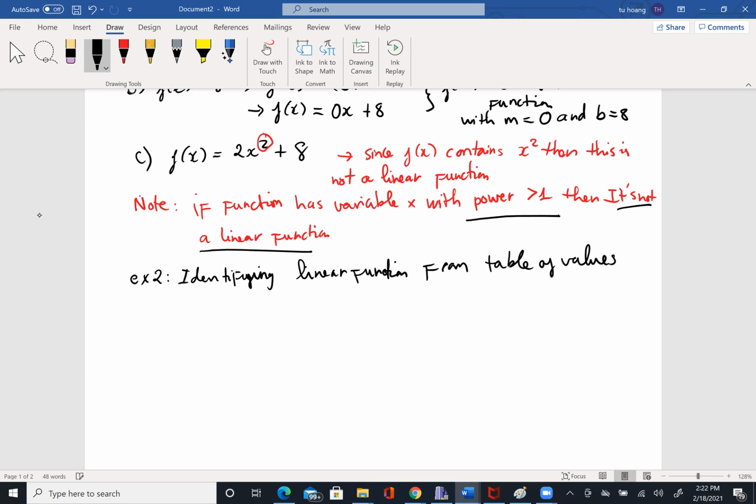Okay, so now you're not looking at the formula of the function. You're looking at a table. So let's say I have a table. You know what? Let me insert a table.